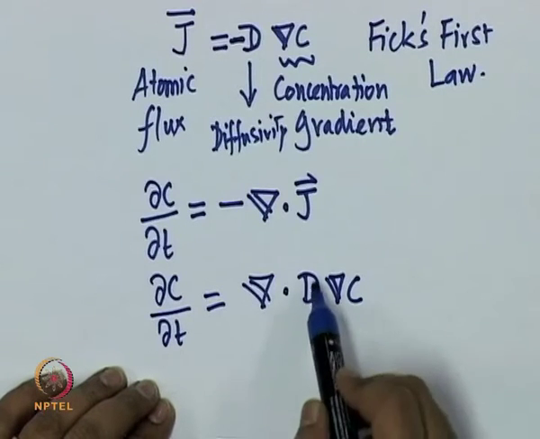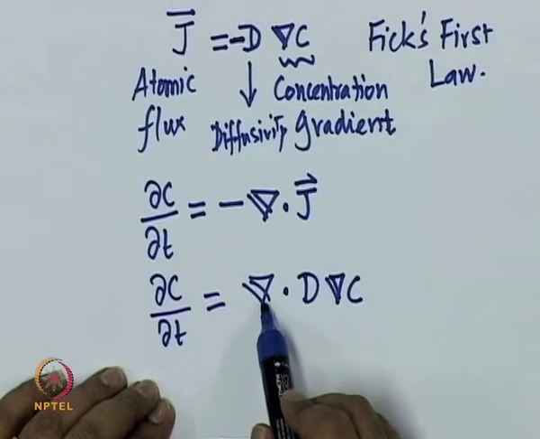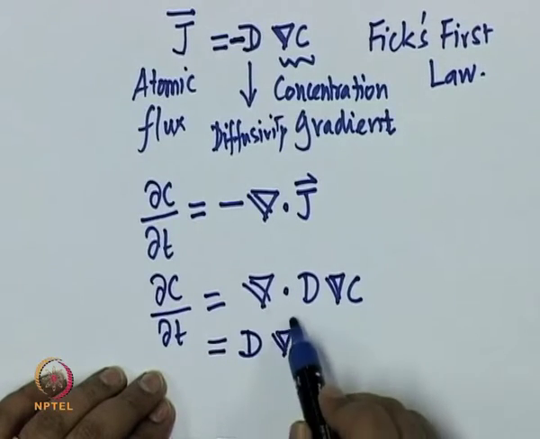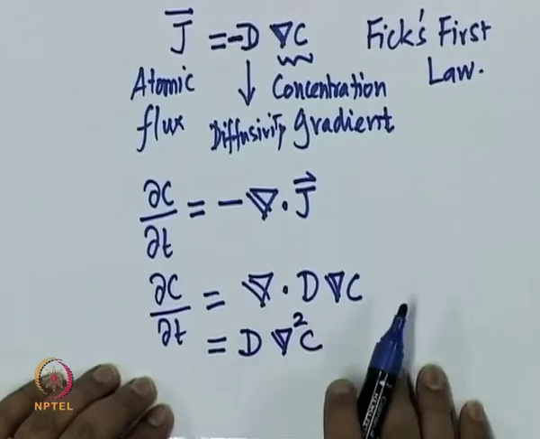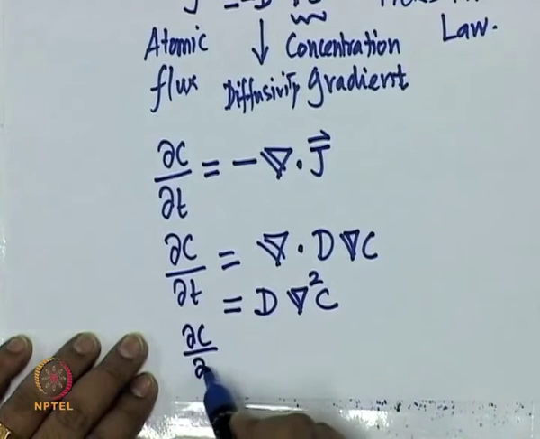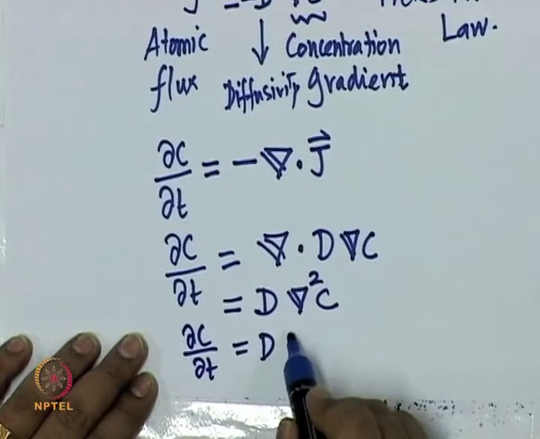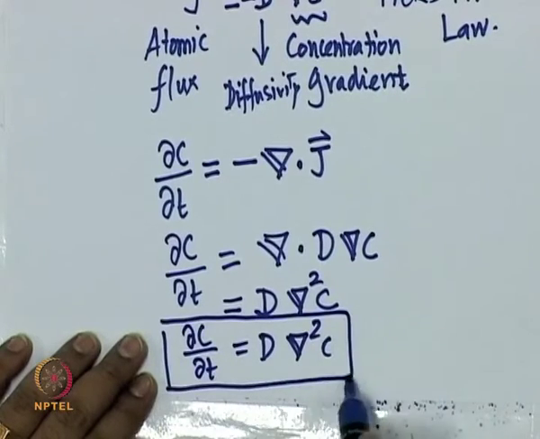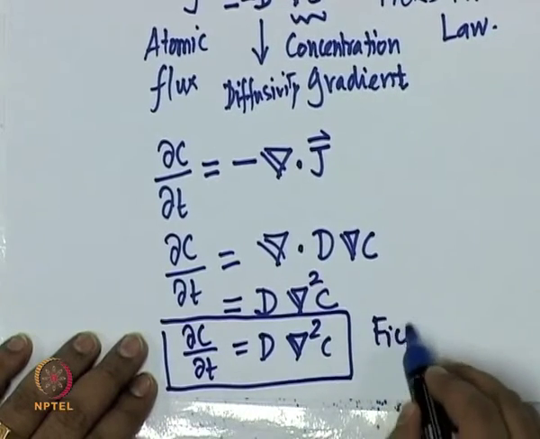If so, you can pull out D out of this del, and then you can write it as D del squared C. So, this is sometimes known as Fick's second law, dou C by dou t is D del squared C. It is called Fick's second law.